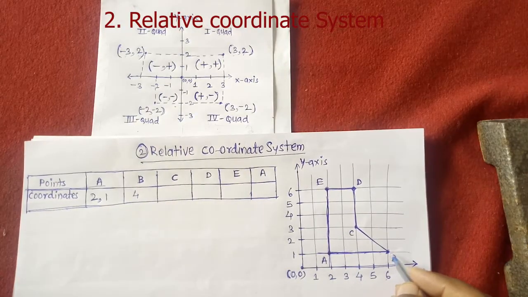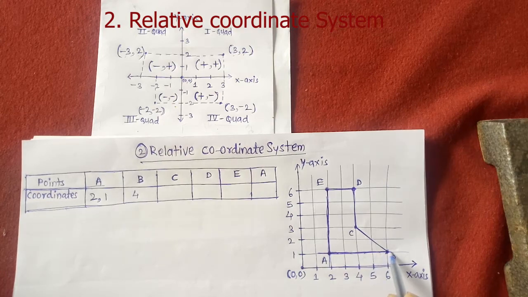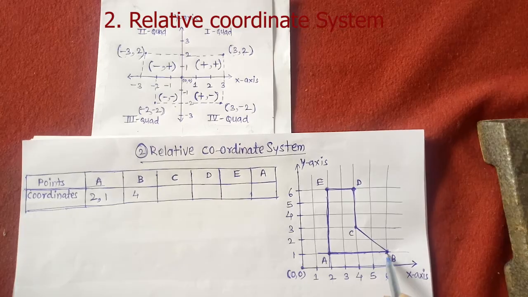Then we have to calculate the y coordinate of B with respect to this reference origin. As this point lies on the x axis of this A origin, there will not be any y coordinate.